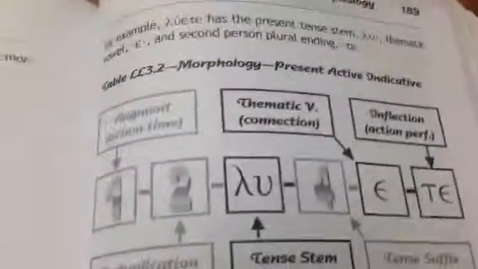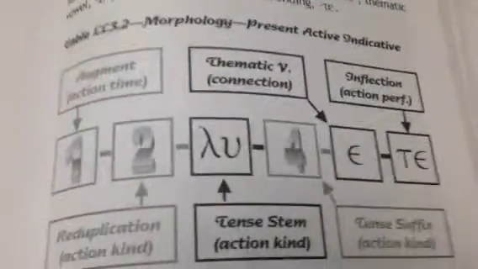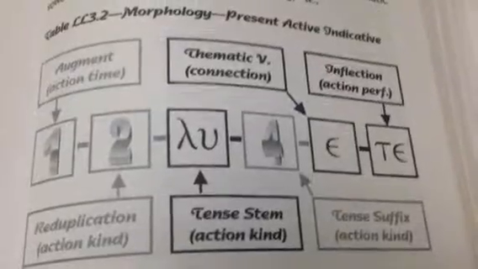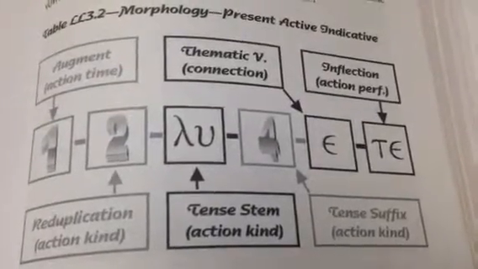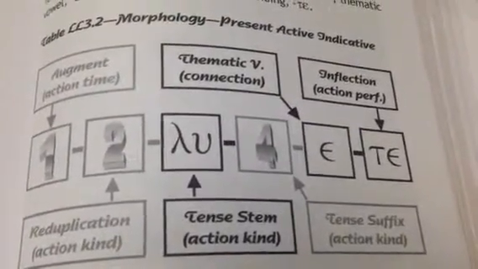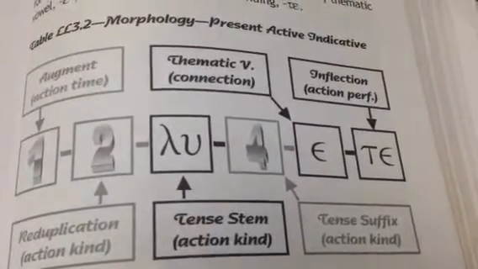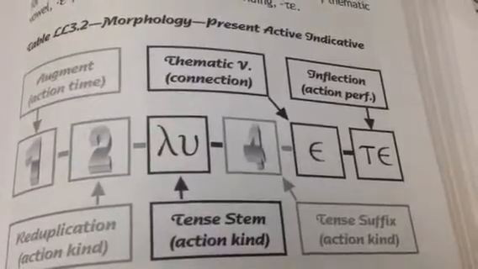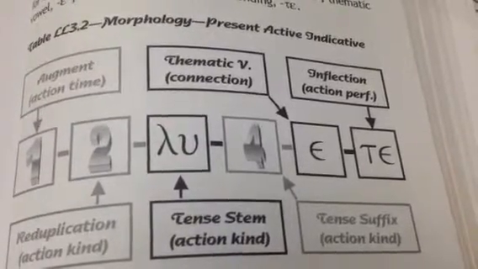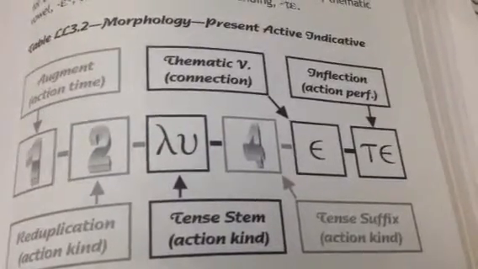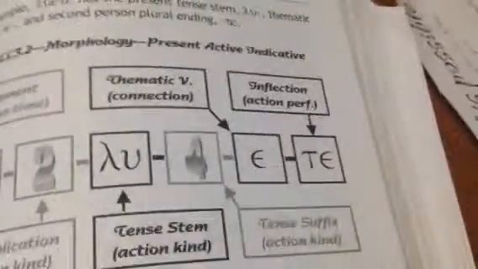And so let's see here, when we talked about the present active indicative, we invoked boxes 3, 5, and 6 because we had a tense stem from lu, luo. We used a thematic vowel like an epsilon or an omicron, and we used primary endings. So in this case, this would be a second person plural from luo, luete.